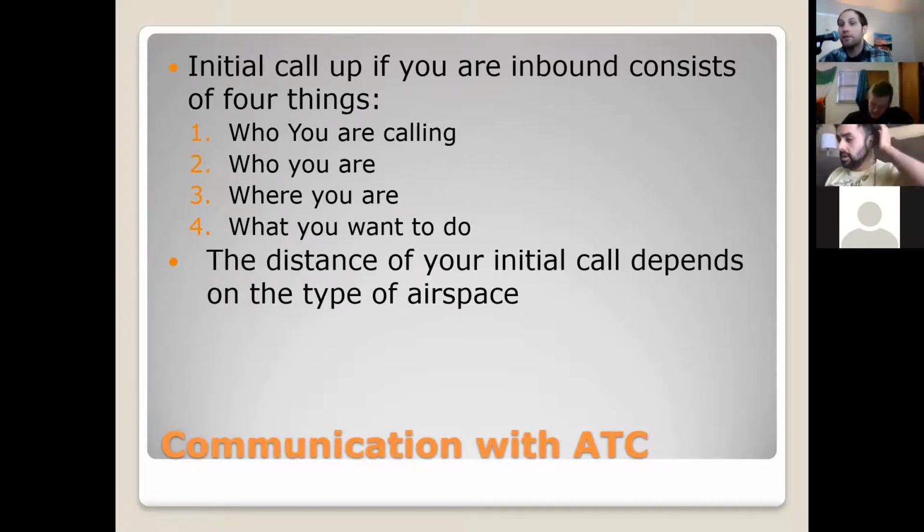You might be 30, 40 miles away. If it's a smaller airport like a Charlie, like Indianapolis, you might only call a few miles outside the airspace, more like 20 instead of 30, and then a Delta might only be 10 miles.